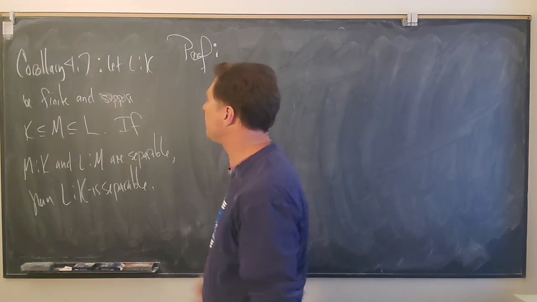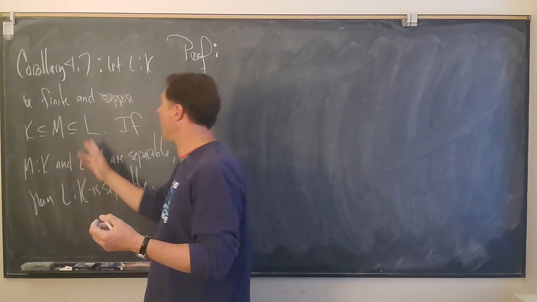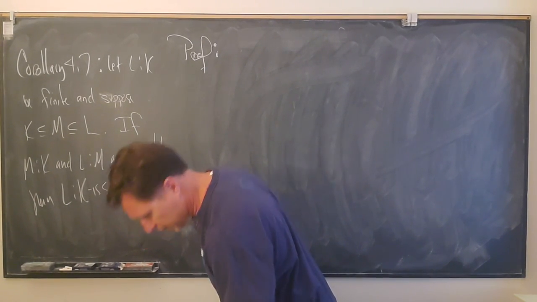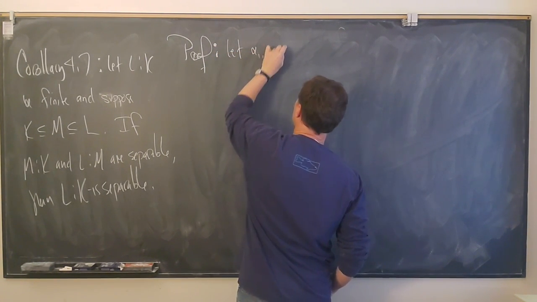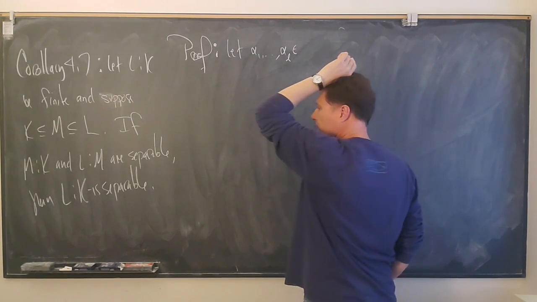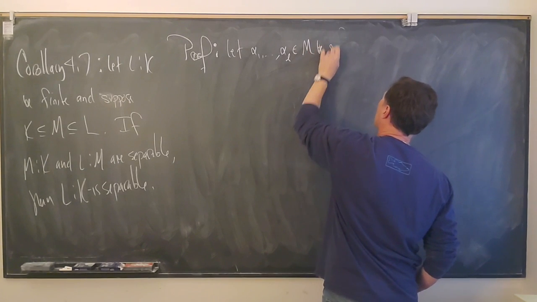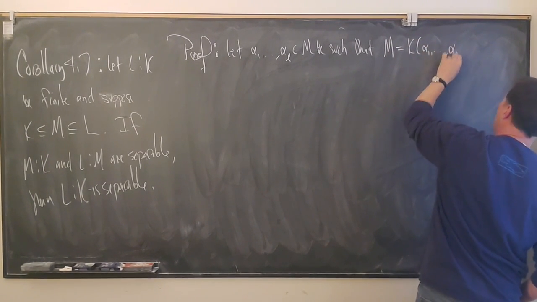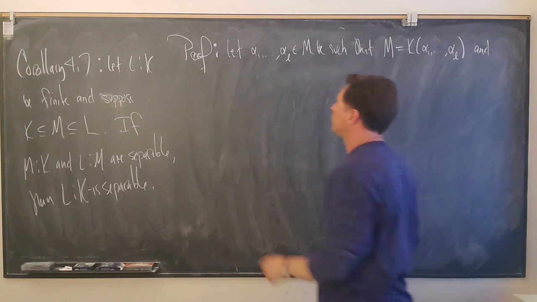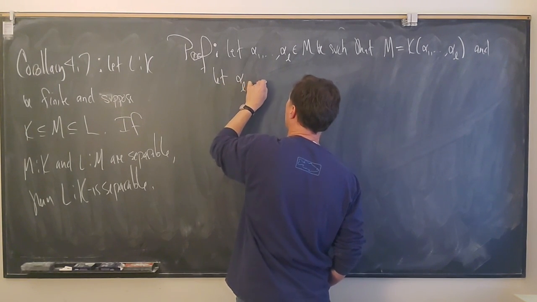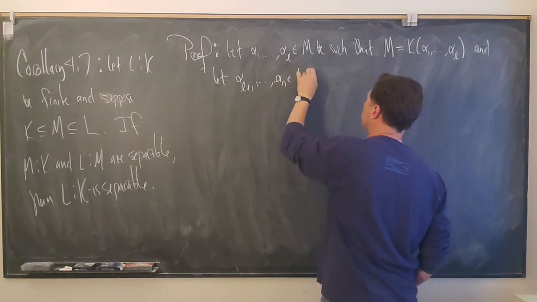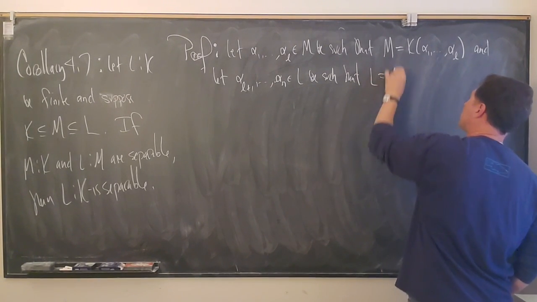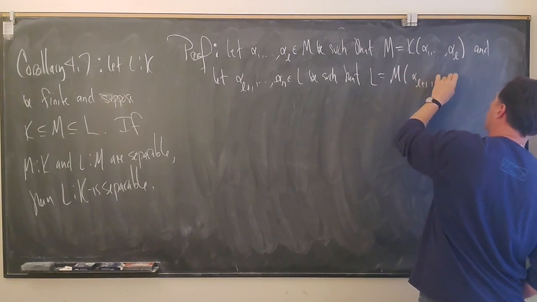Everything's finite here, and so we can build M by adjoining some stuff to K. Then we can build L by adjoining some stuff from L to M. So let's let alpha 1 up through alpha l in capital M be such that M equals K adjoin alpha 1 up through alpha sub little l, and let's let alpha l plus 1 up through alpha n in L be such that L equals M adjoin alpha l plus 1 up through alpha n.